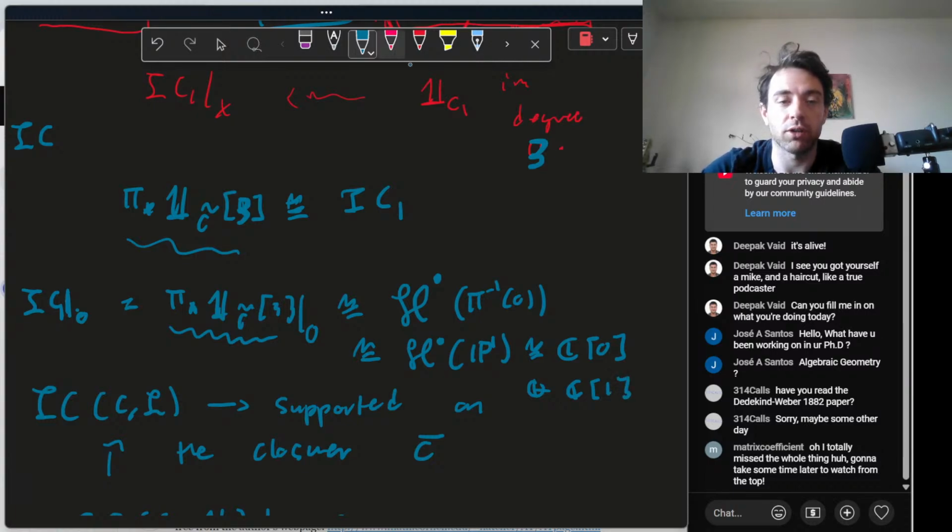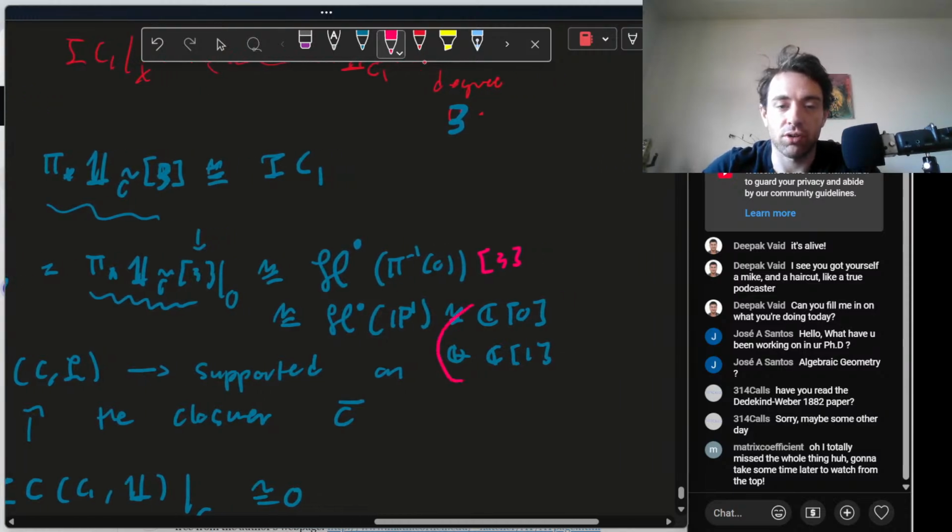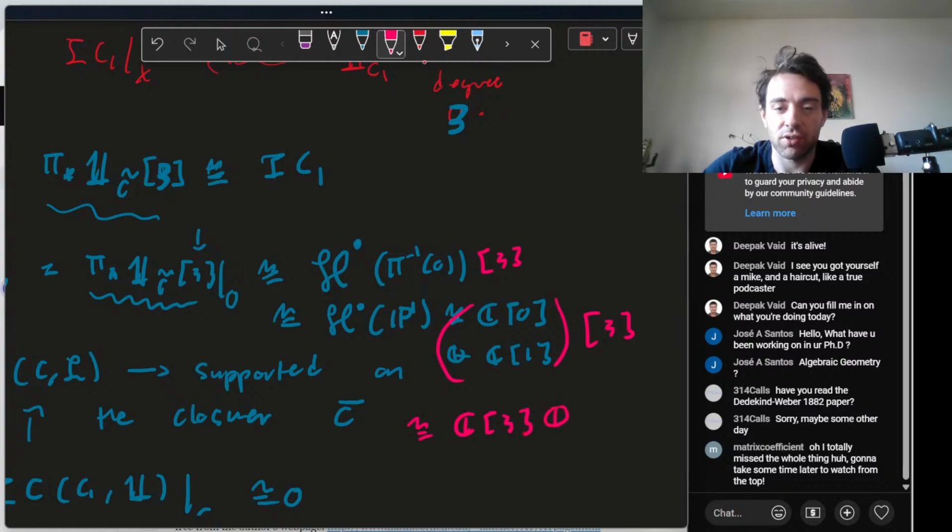But again, I forgot to put my shift by 3 out in front, so this is all shifted by 3, which means this is C3 direct sum C4.